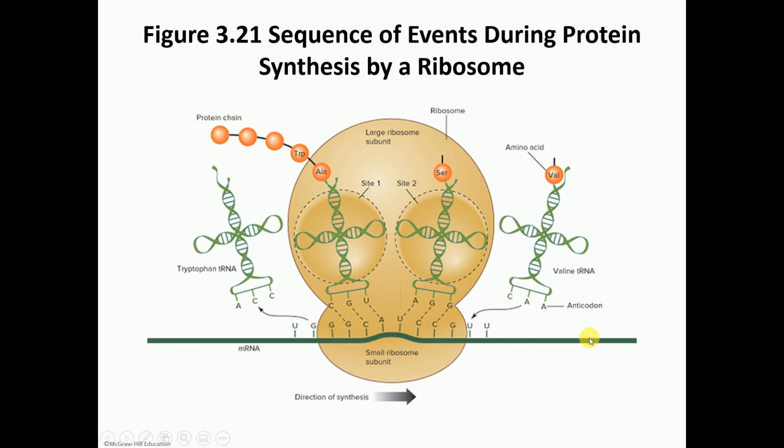The transfer RNA brings the amino acid, attaches it to this growing polypeptide chain, and then leaves the process. So you see here, this one is coming in, attaches to the growing polypeptide chain, and then eventually leaves. And again, if you have not watched the video, I strongly recommend you watch it, because this will make a lot more sense and be easier if you have watched the video first.